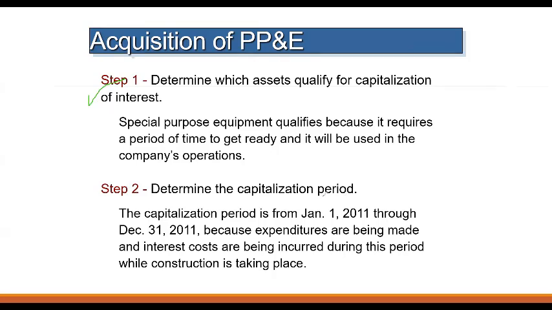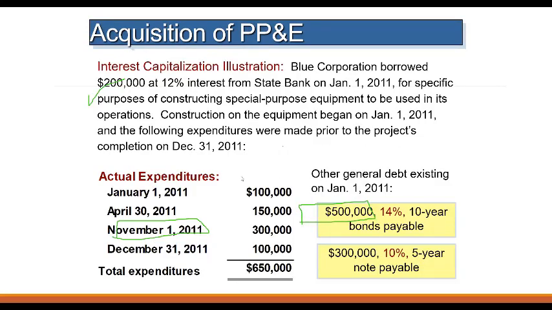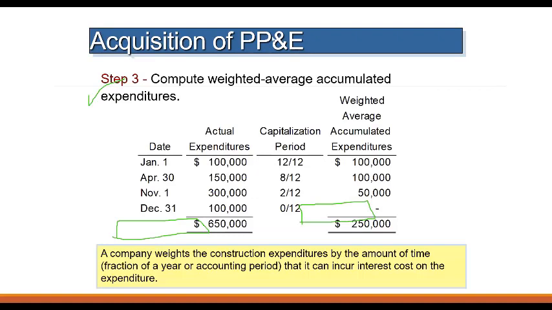As we saw in the previous slide, it will start on January 1st, 2011, and end on December 31, 2011, because expenditures are being made and interest is being incurred during this period while construction is taking place. Again, this is the second condition.